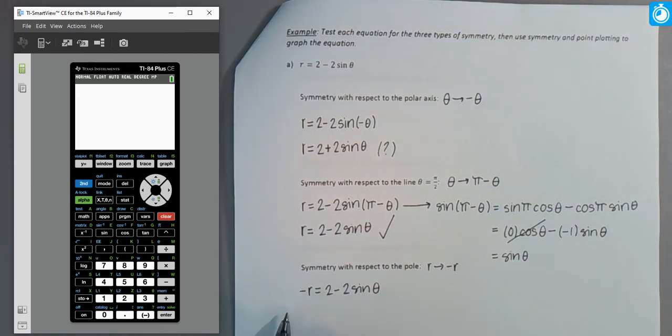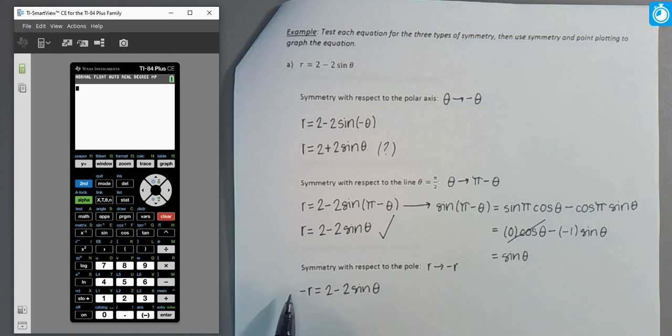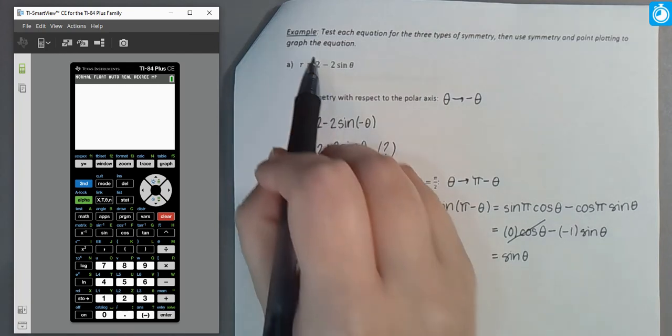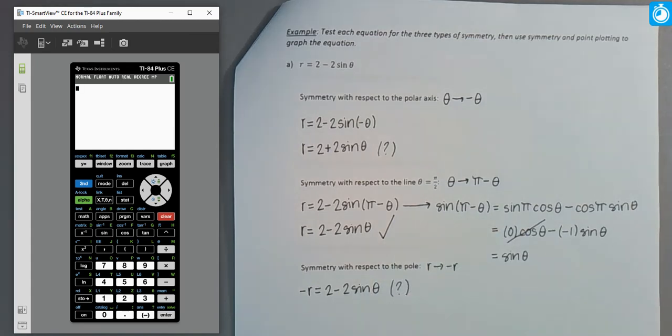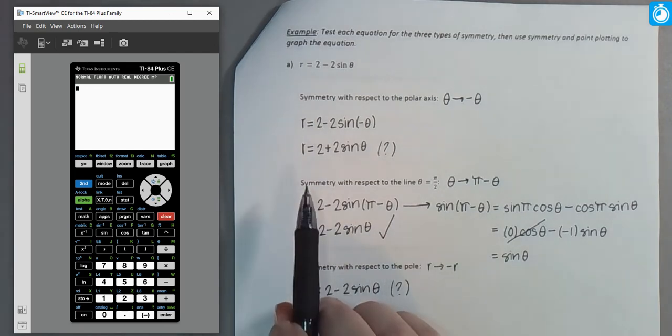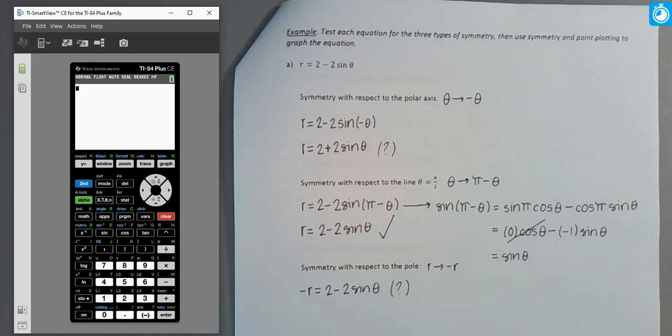Maybe we could divide by a -1, but that's going to flip these two signs, which won't match the original. So there's nothing we can do here to make this equation look like the original. So we would say that this test is also inconclusive. So based on our symmetry tests, we can only definitively say that we have this one type of symmetry, with respect to the line theta is equal to pi over 2.